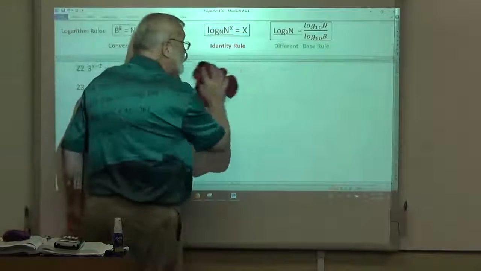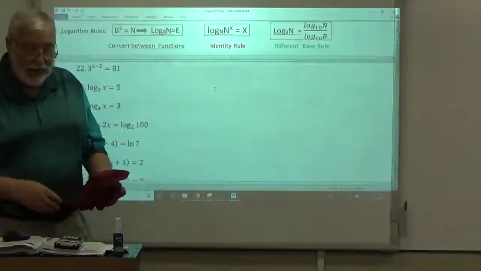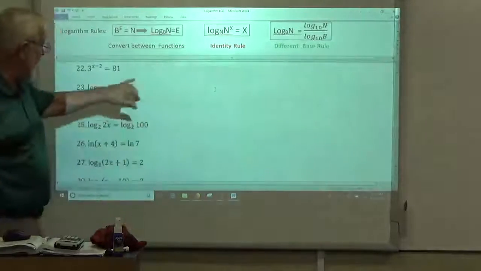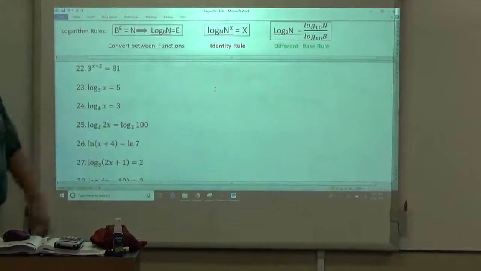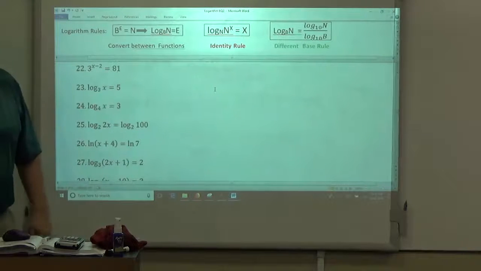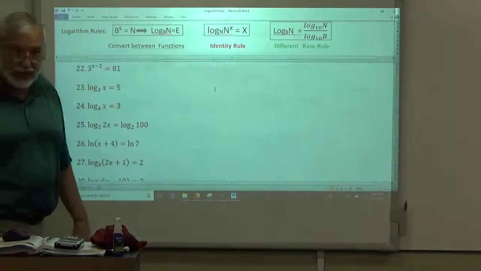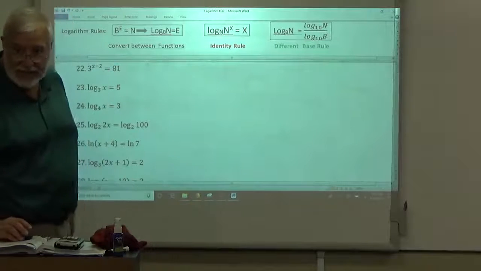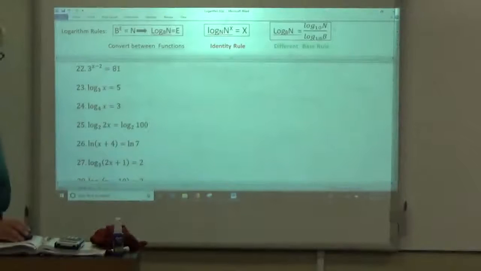Back when the dinosaurs roamed, and we went to math class, that's how we had to solve this, because we didn't have all of the calculator support. And so we would have to, but the only problems we would get, this number and this number would be in the same base. That's the only problems we would get. All right, and what we've been looking at is numbers where it is not necessary to do that.